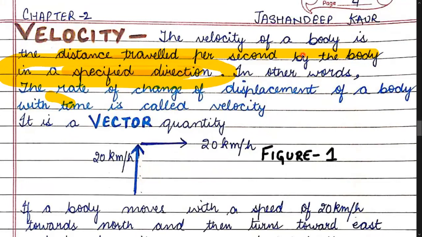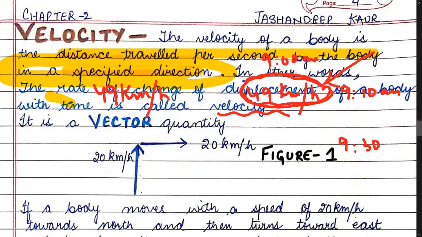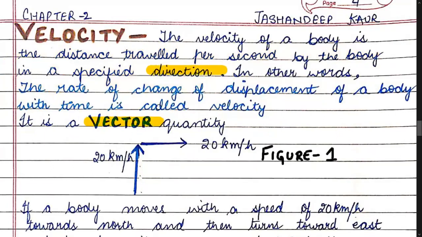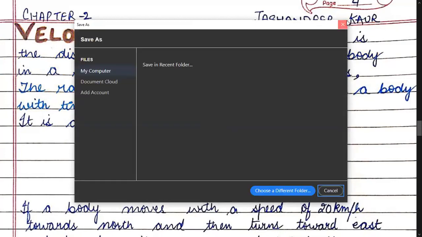Children, since we have the word direction written here, what does it mean? It means that velocity is a vector quantity. It depends on direction. So children, just to remember, V for velocity, V for vector, S for speed, S for scalar.